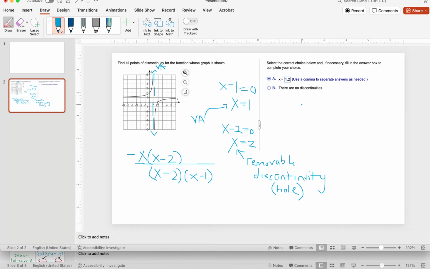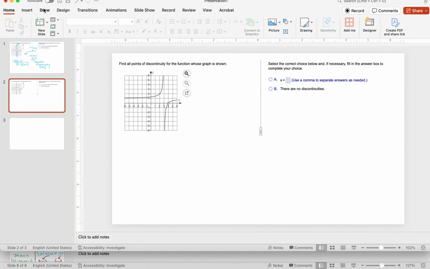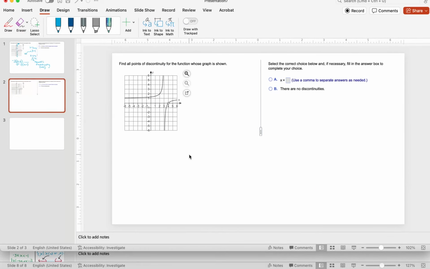You're welcome. Let me give you one more. Okay, so on this one here, this is Destiny, right? You're asking about this one, right? Okay, so which points do you see that we have discontinuities if you're scrolling from left to right?